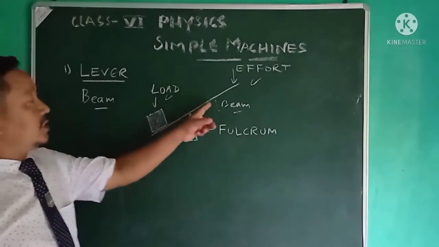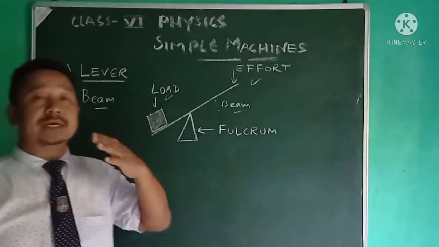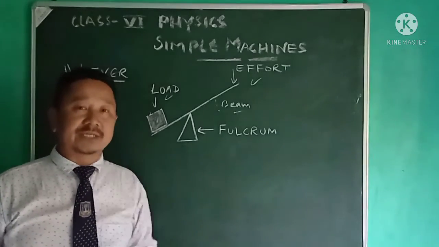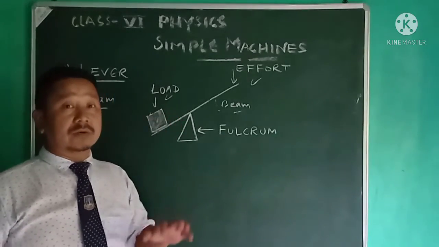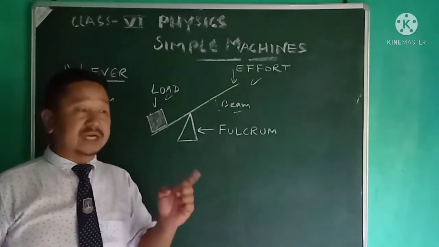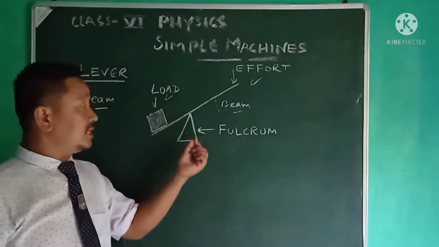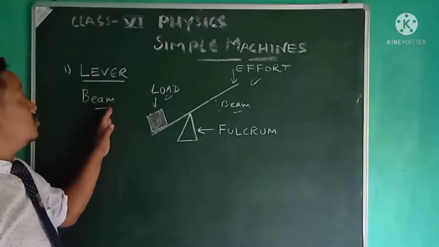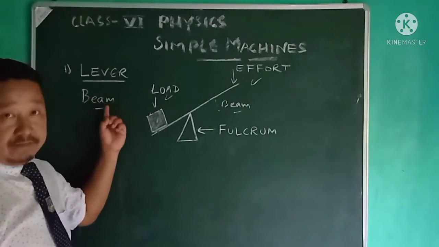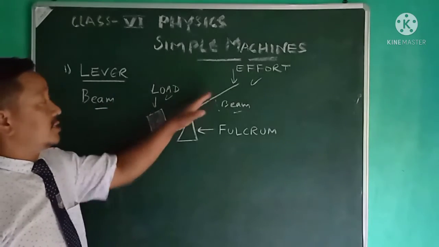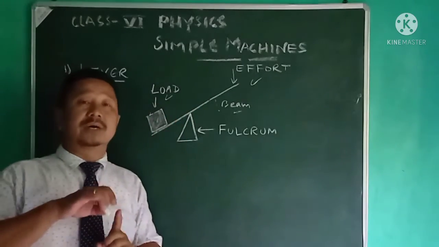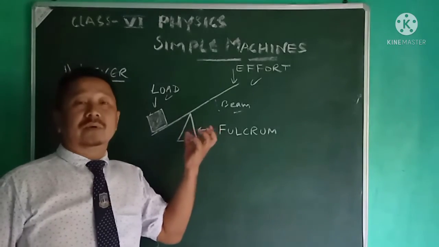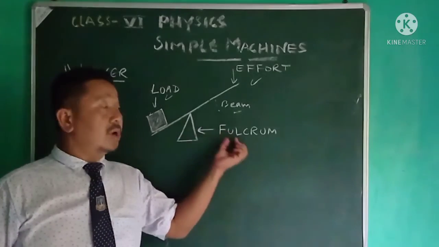As you see here in the diagram, the beam is a rigid bar which rests on something, which rotates on something. That something in this case is your fulcrum. So the first part of a lever is the beam, a rigid bar which rotates or rests on a fixed point called the fulcrum or pivot.